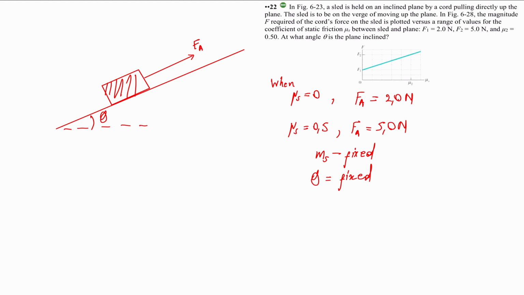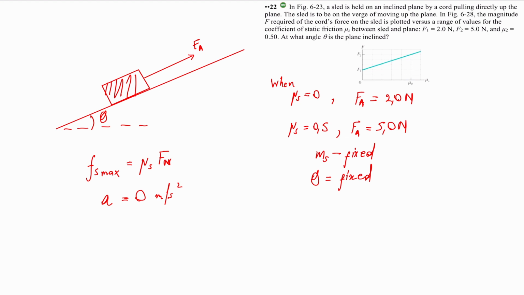Now we need to consider, what do we have at our disposal to use? There's friction here, so it's time to put down our tools. Since there's friction, we know there's going to be the static type, and that means the maximum static friction. One of the tools we have available is that the maximum static friction is given by this. And moreover, since the sled is to be on the verge of moving, that means our acceleration must be equal to 0.